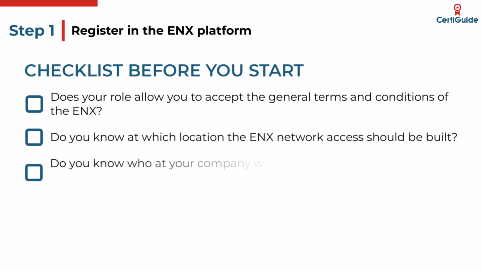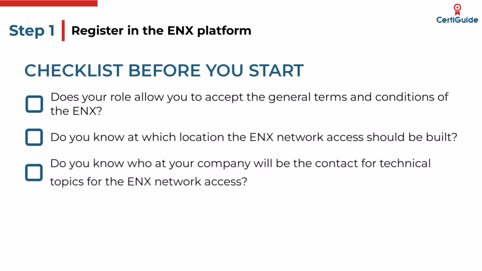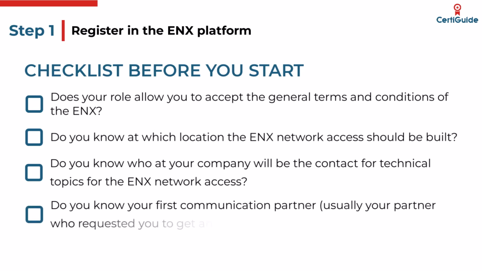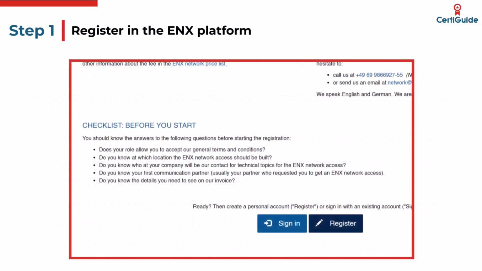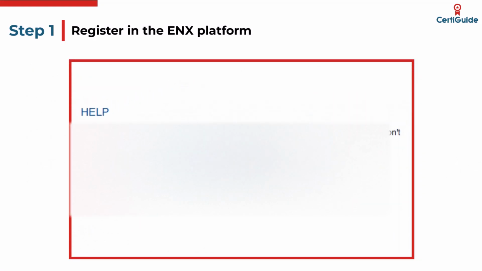Do you know who at your company will be the contact for technical topics for the ENX network access? Do you know your first communication partner, usually your partner who requested you to get an ENX network access? Do you know the details you need to see on the ENX invoice? Once you can answer yes to all questions, please start the registration process. In case you are still hesitant, please get back to us. We can help you navigating through this step.